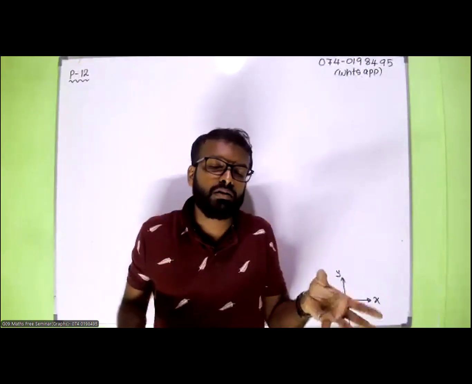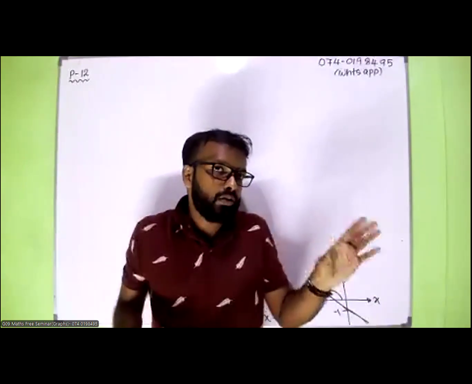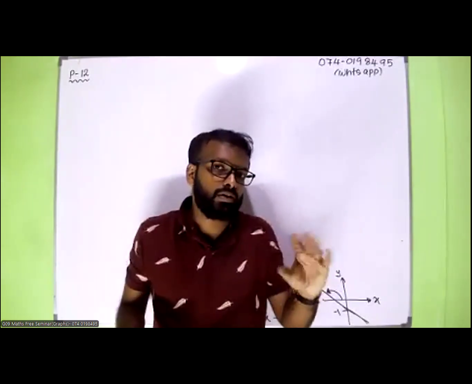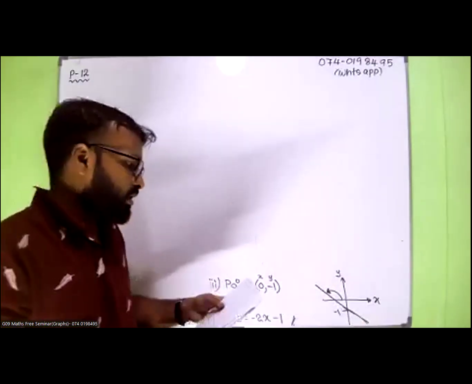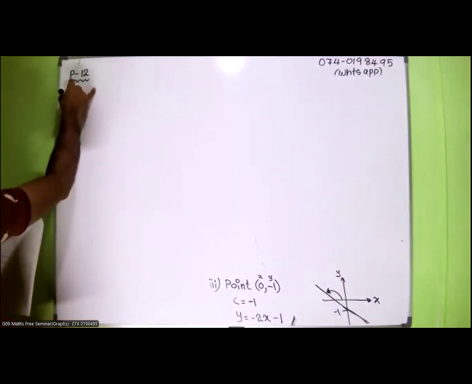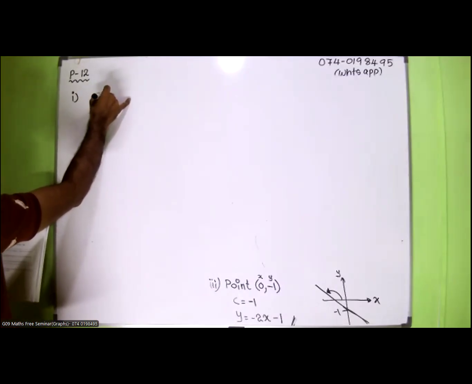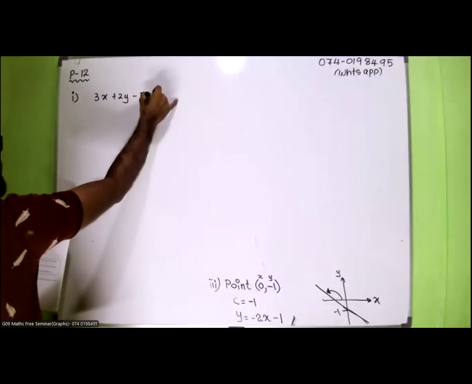Previously, we did something similar to this. We arranged the y equals mx plus c form in different equations that we had earlier. So this is the same as that, and I will do the first part. Now 3x plus 2y minus 3 equals 0.